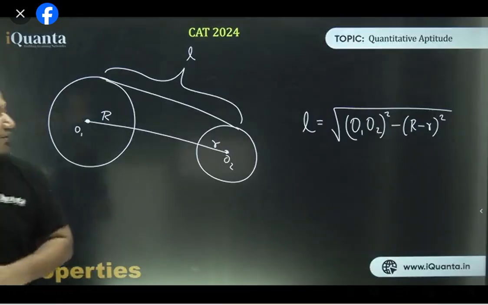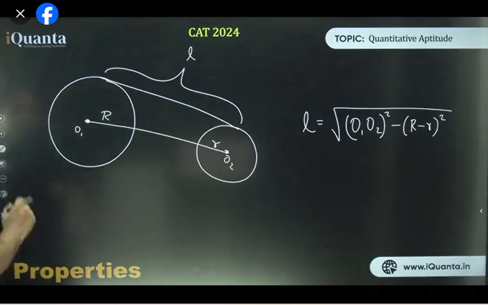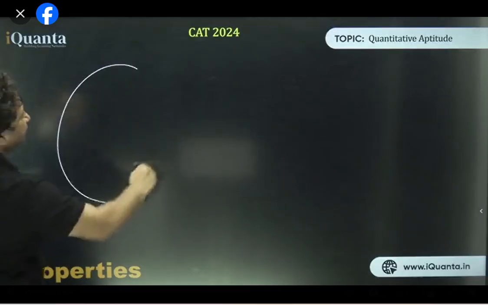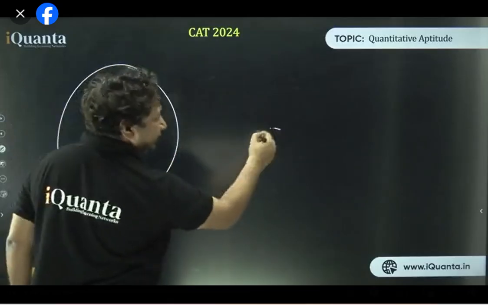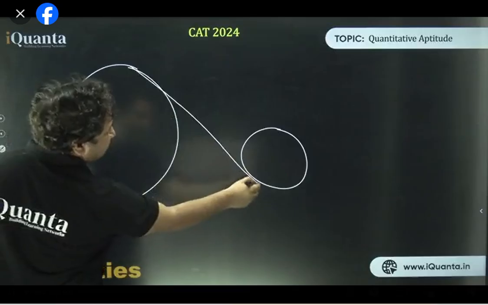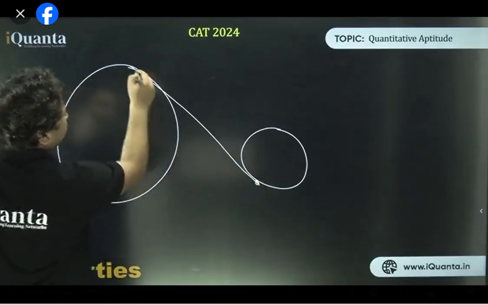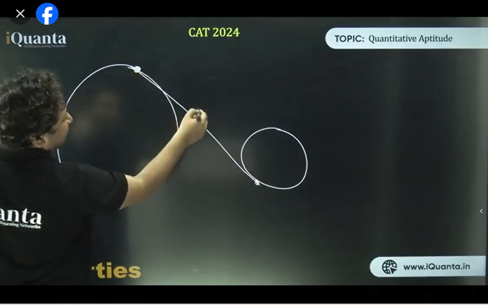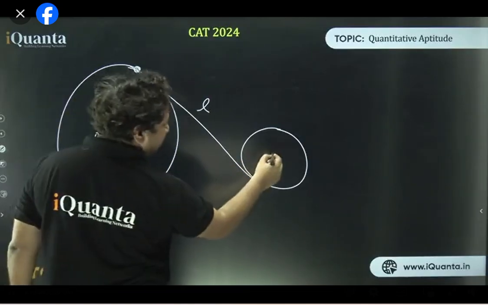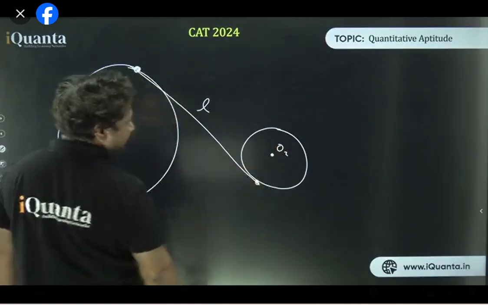Okay, this is clear. We also have something called the transverse common tangent. When we have a circle like this and another like this, we call this the transverse common tangent. To find its length, the formula is pretty simple, just one difference.